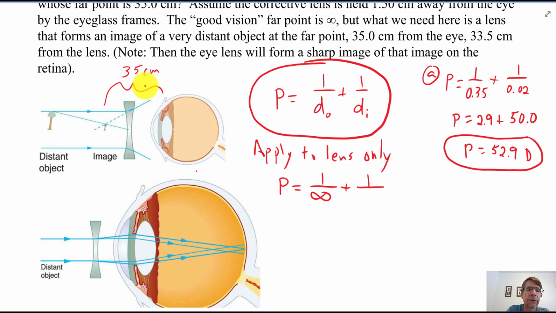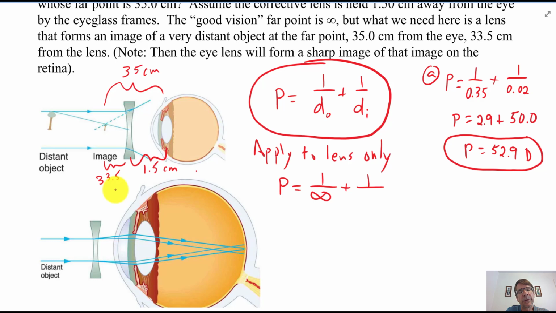Well, bottom line is the lens with glasses, and if there's contact lenses, you don't even need to make this adjustment. With contact lenses, and this is not to scale, this tells you it's 1.5 centimeters. So obviously this is not to scale. That's 1.5 centimeters, so this distance here is 33.5 centimeters. It looks smaller than it is on the diagram because the diagram is not to scale.